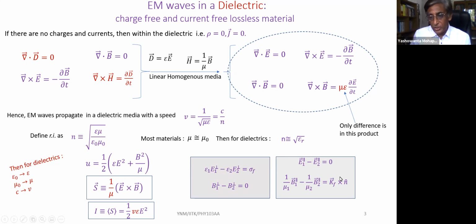And K f is 0, and hence H1 parallel is equal to H2 parallel, and E1 parallel, of course, is equal to E2 parallel. We are going to use these boundary conditions later when we meet an interface between two dielectrics. So, reflection and transmission at a dielectric interface at normal incidence.